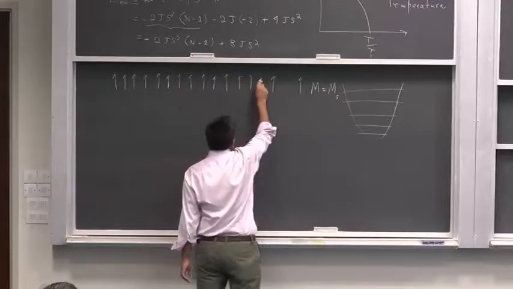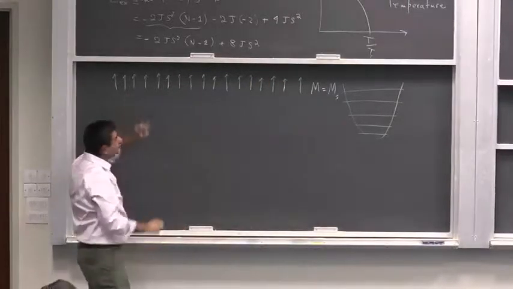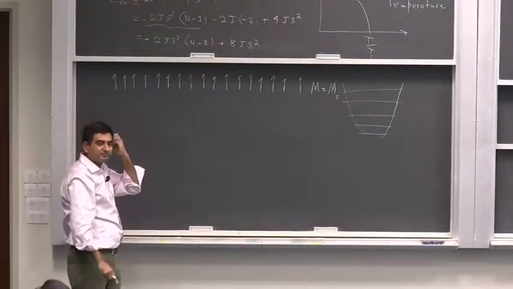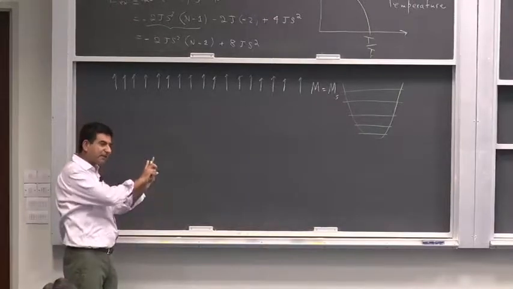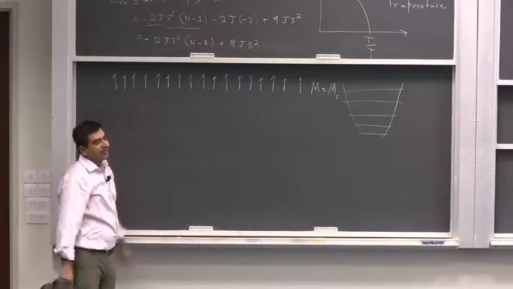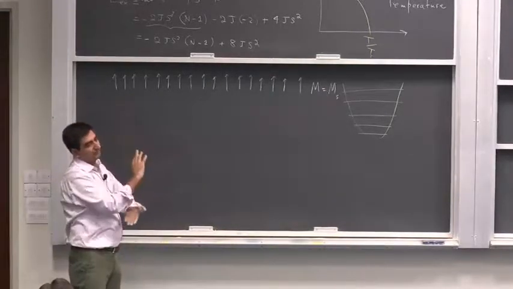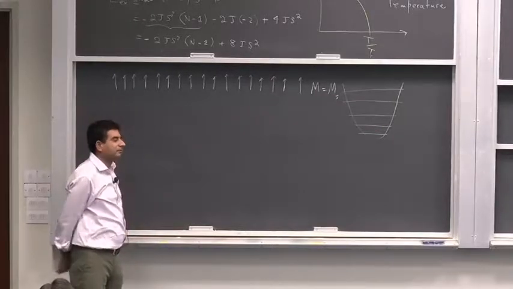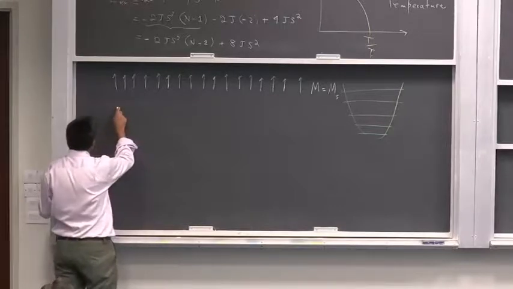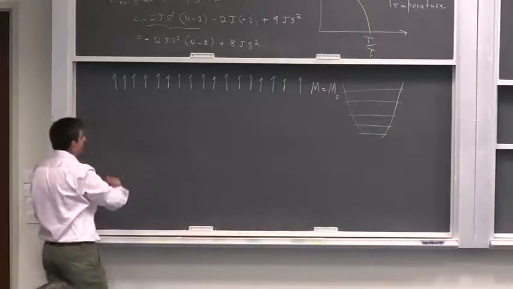Now what I would like to do is, any two neighboring spins, they are slightly displaced by a certain angle. The magnetizations are tipped by a small angle. So they're not all in the z direction. They make a certain tip in the xy plane. So one way of drawing this system is the following.